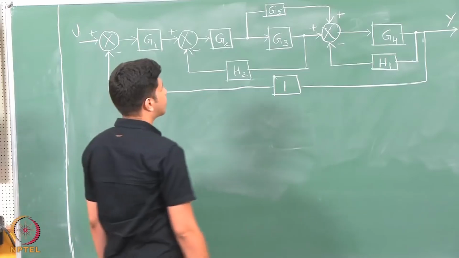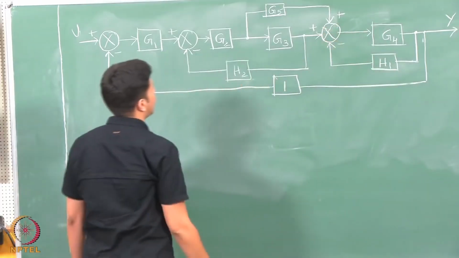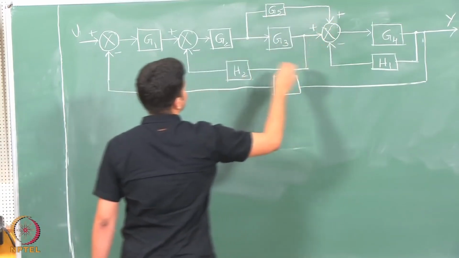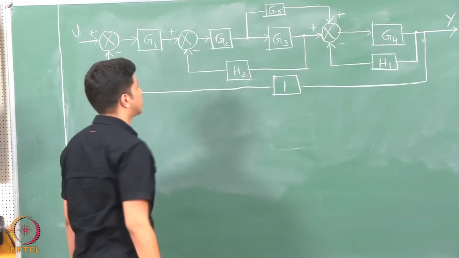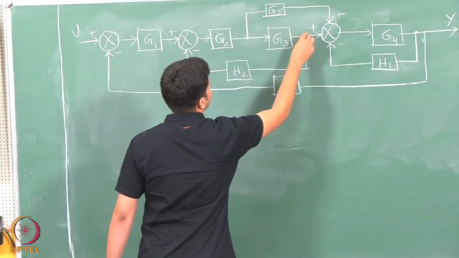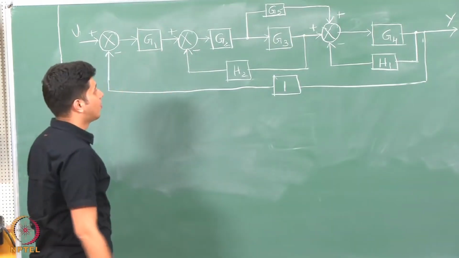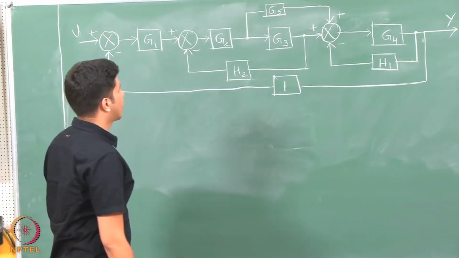The first thing you can observe is this is a feedback loop which we can easily simplify. This is a parallel and this is also another feedback loop, but there is a small complication here. So this point and this point are slightly off positions for us to easily apply the feedback formula that we know.